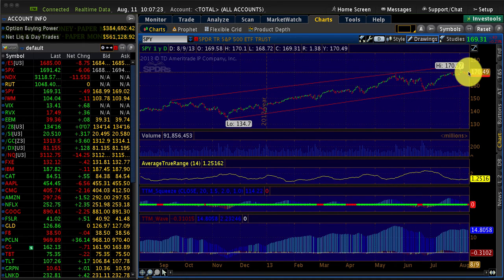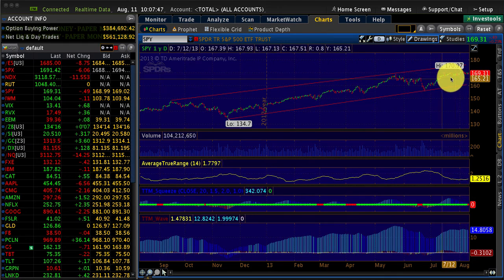So there's fatigue to the upside, and so I would say there's probably more probability of the market turning around at this point and going down. Perhaps not. I don't know if it's going to come back and try to touch this trend line, but probably we are looking at more downside than upside as we stand today on August 11th.